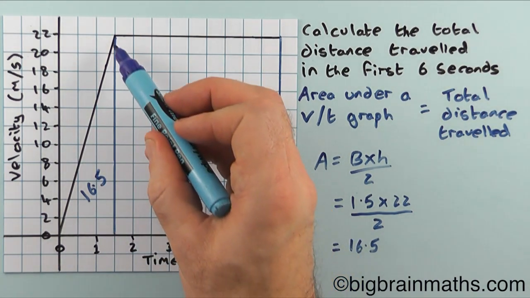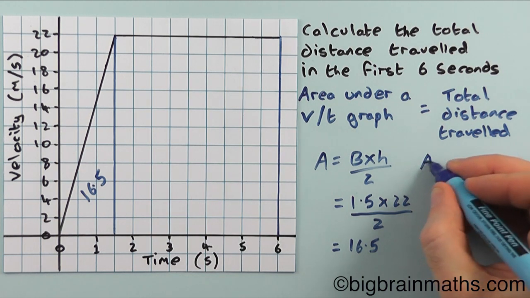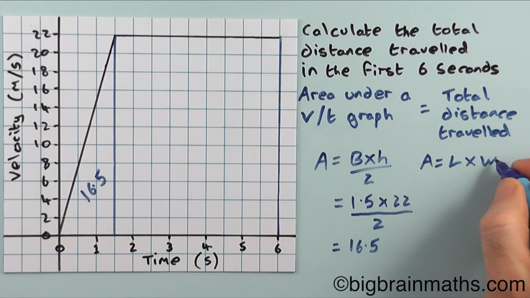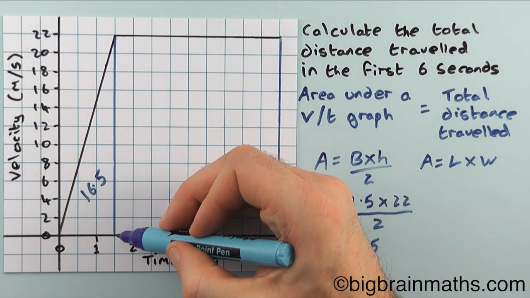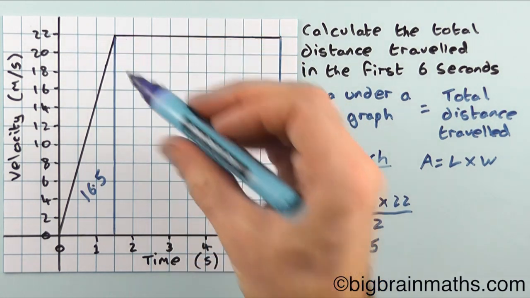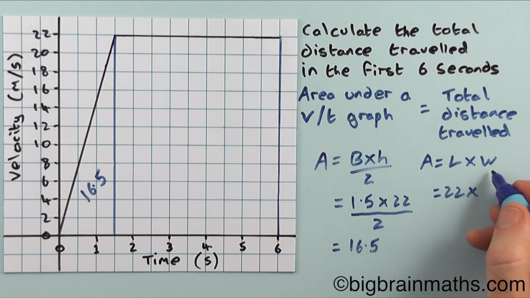Now we need to work out the area of this rectangle. To calculate the area of any rectangle, we need to do the length multiplied by the width. The length of this rectangle is from here to here, so the length is 22. So we need to do 22 multiplied by the width.